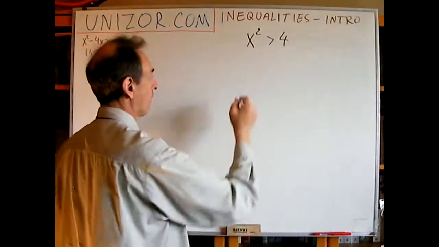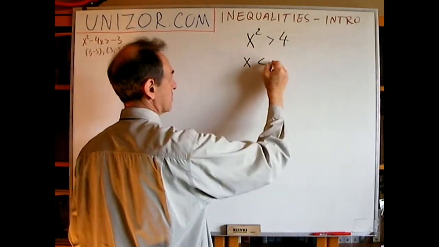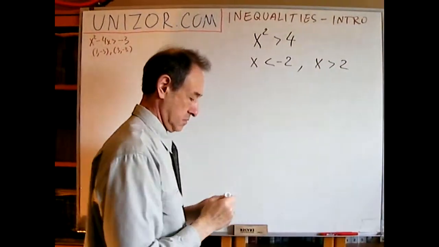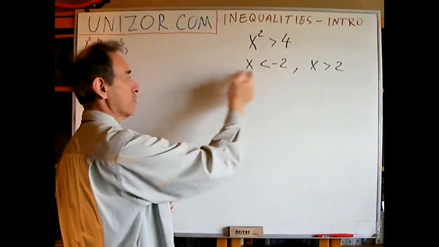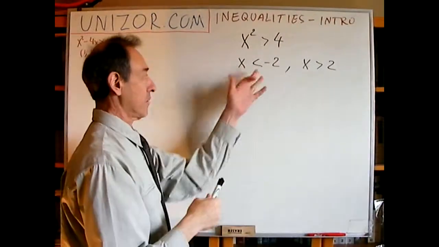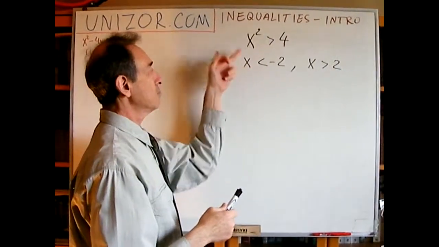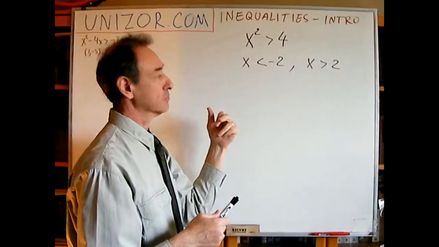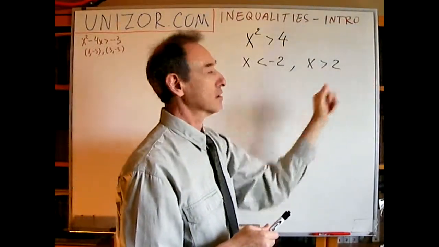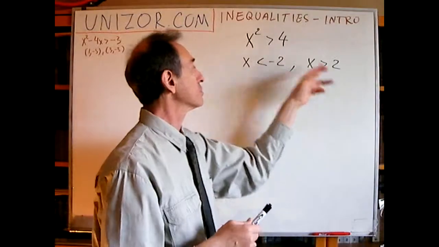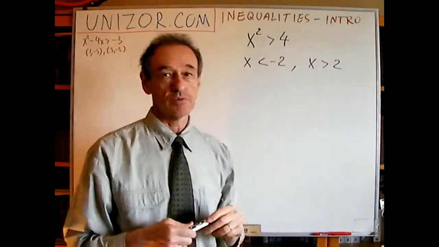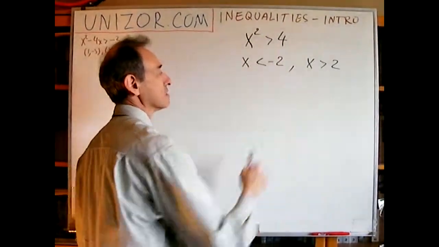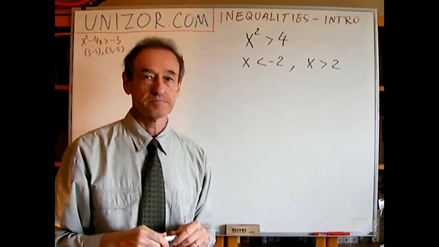Solutions to this are x less than minus 2 and x greater than 2. Because everything which is less than minus 2, like minus 3, minus 4, etc., being squared will give you correspondingly a value which is greater than 4. And everything greater than 2, like 3, 4, etc., being squared will also give you a value greater than 4. So this is the solution to this inequality.